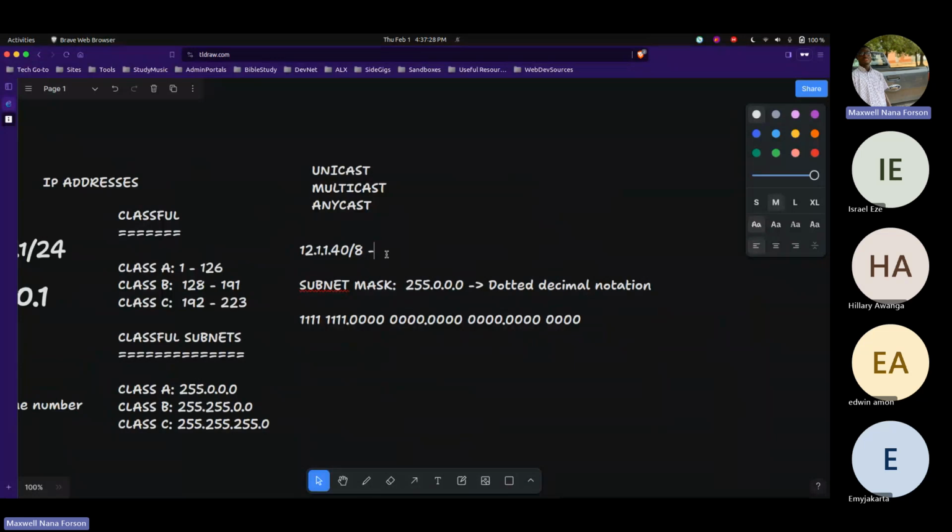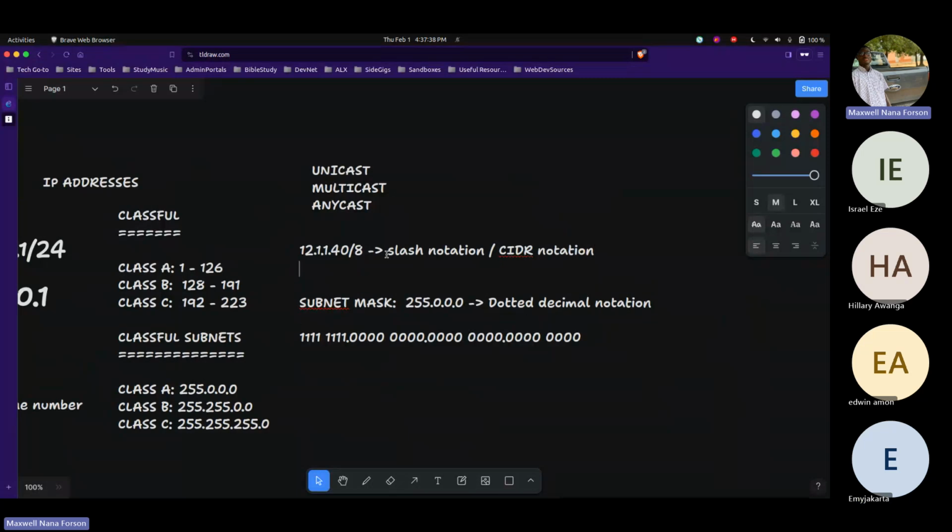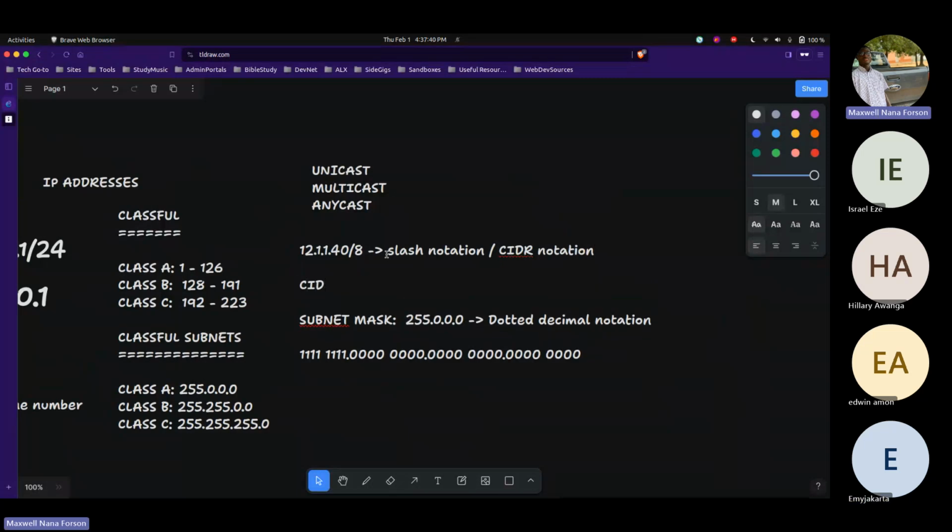And then this one, you can call the slash notation, but it's actually something that came with the CIDR notation. I said that this CIDR just means classless inter-domain routing, and it's something that we wouldn't go much into.